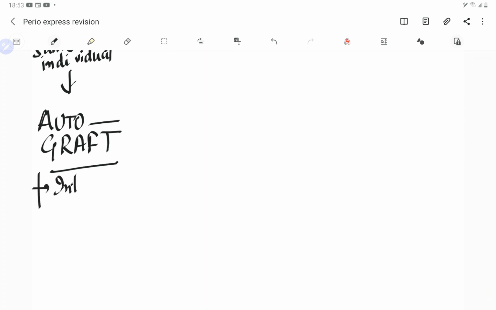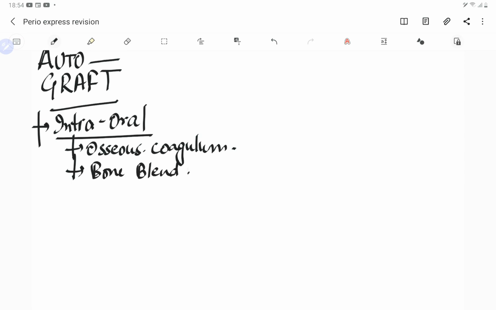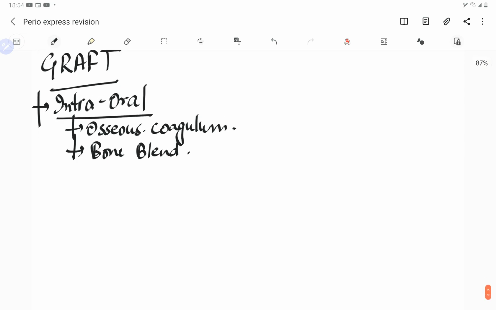So let's write the intraoral first. Intraoral. In the intraoral, I can take a cortical bone. Basically we take the cortical bone. So if you are taking the cortical bone, you can take the osseous coagulum. Then guys, you can blend this and make it the bone blend. And also, like, you can take the cancellous bone marrow transplants.